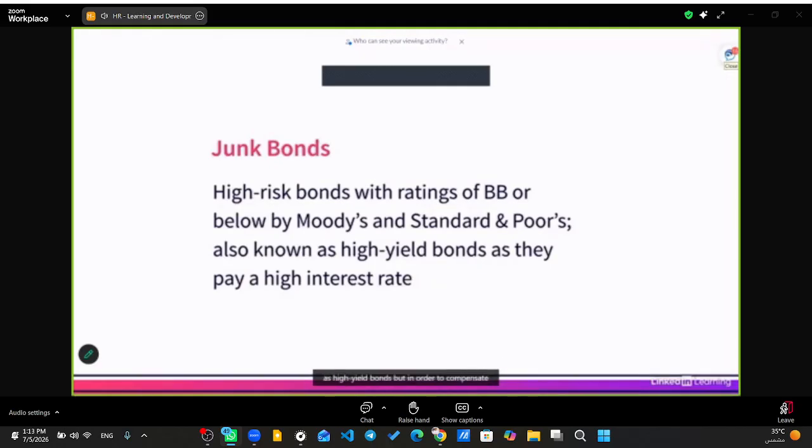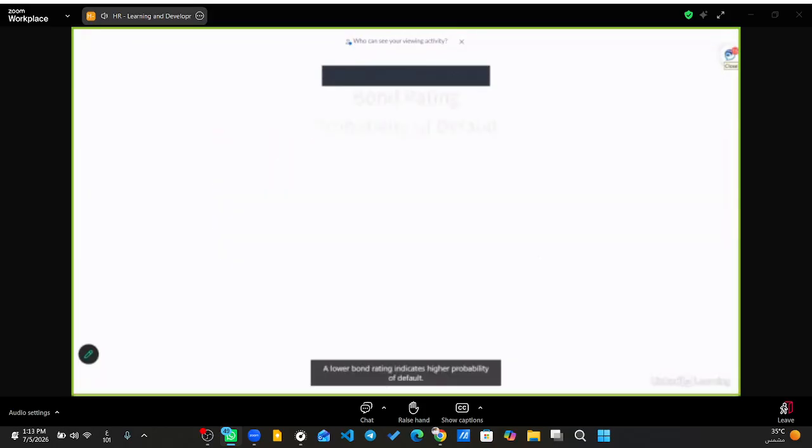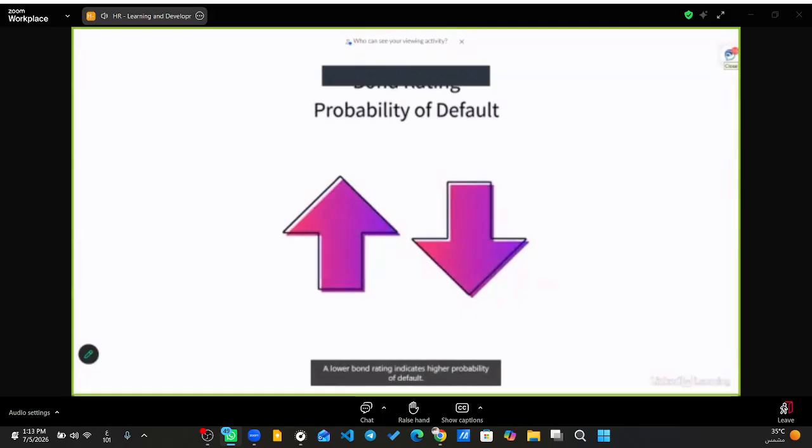Junk bonds are sometimes referred to as high-yield bonds, but in order to compensate for that higher risk, they pay a higher interest rate. A lower bond rating indicates higher probability of default. It also means that the rate of return demanded by the capital markets will be higher on such bonds.